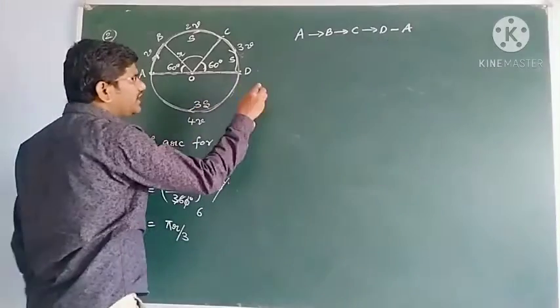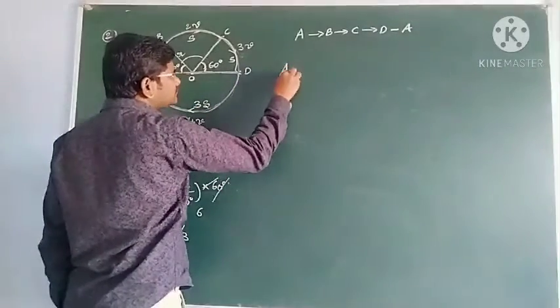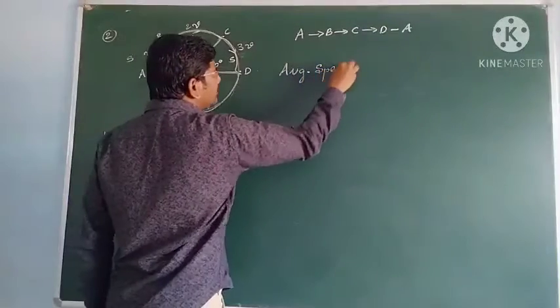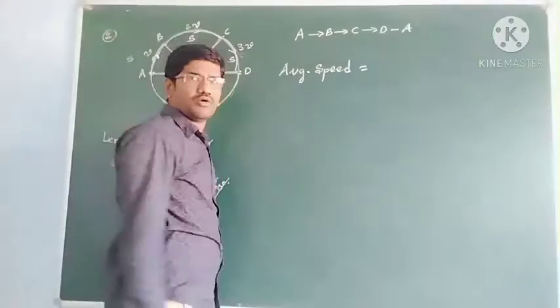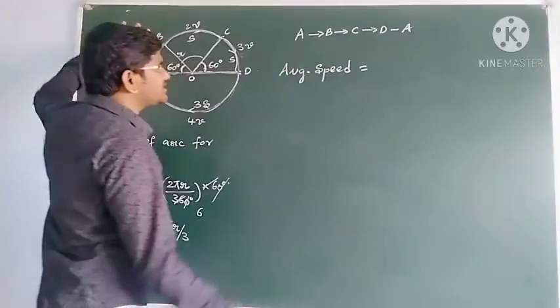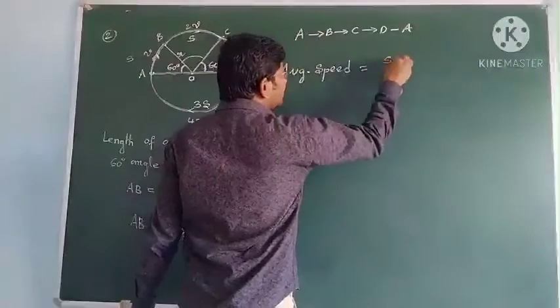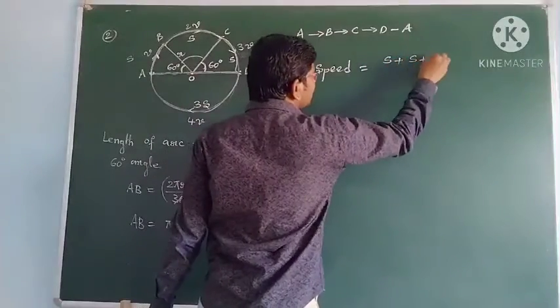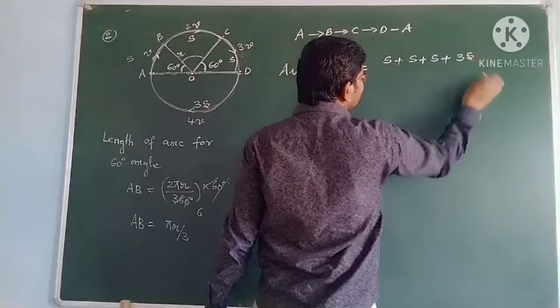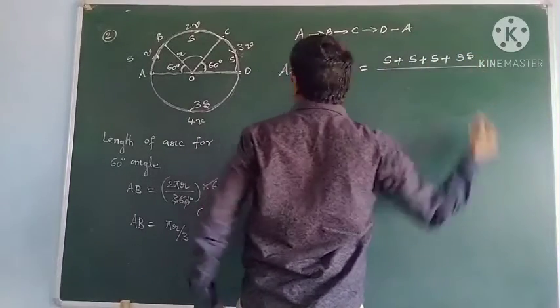Now I want to find the average speed. So average speed is equal to, what can you write? Total distance by total time. So A to B distance is S, plus S, plus S, and B to C again distance is 3S, by total time.